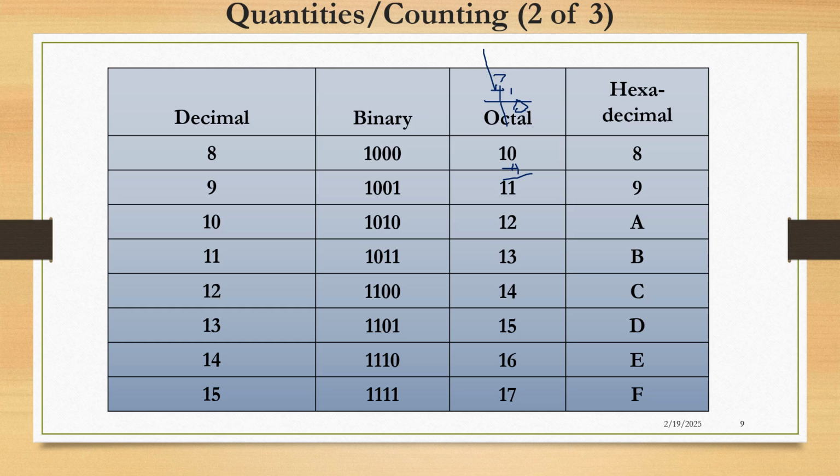In the hexadecimal number system, 8 is directly 8 and 9 is directly 9. What about 10? There is no concept of 1 0 in hexadecimal, and 10 is represented using A. So instead of 10, we write A, B, C, D, E, F.